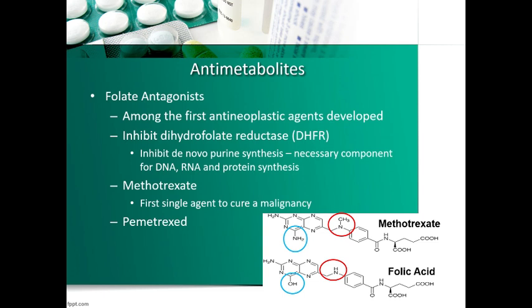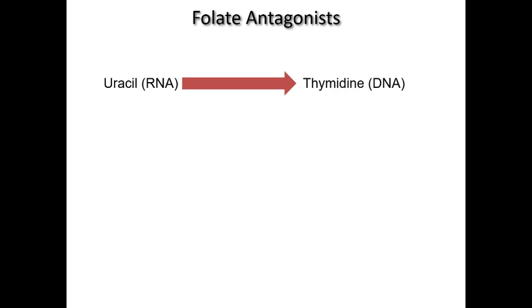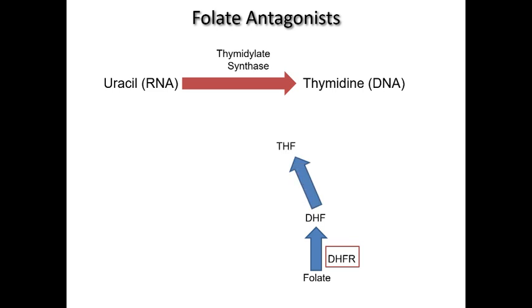And then we also have pemetrexed, which is similar. So let's talk about how these work. So typically uracil, which is a pyrimidine that's in RNA, is being converted to thymine or thymidine through thymidylate synthase. Now folate, which we typically consume with green leafy vegetables and lots of other foods in the normal diet, will be converted from folate to dihydrofolate, and then finally into its active form, tetrahydrofolate.